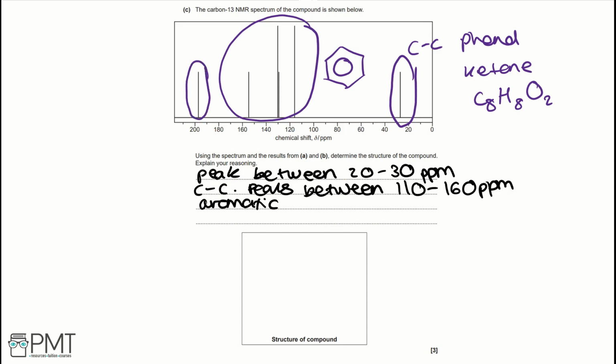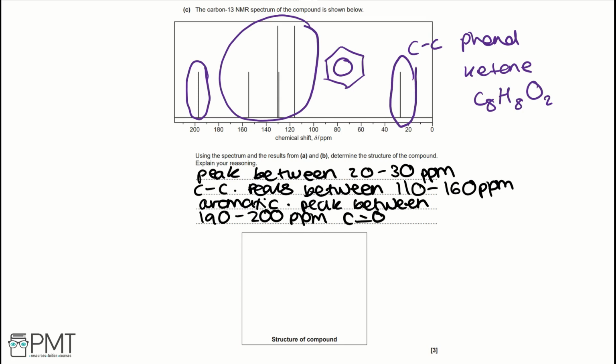Finally, our peak on the leftmost side, a peak between 190 and 200 ppm is for a carbonyl group.